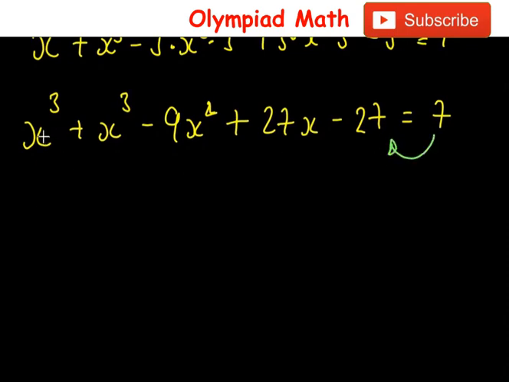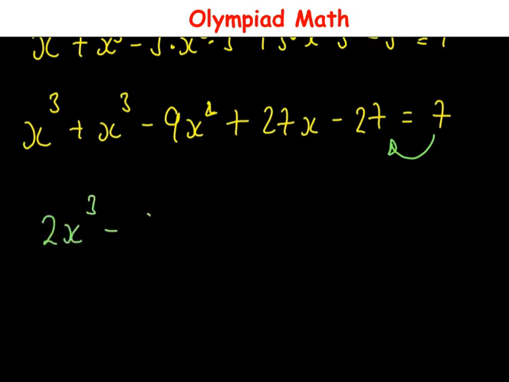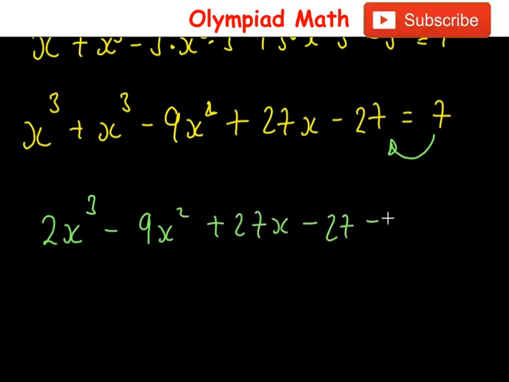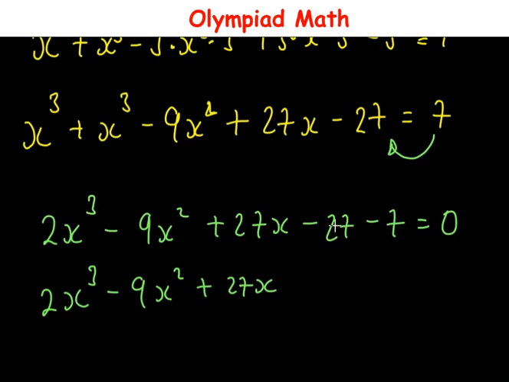We have x to the power of 3 plus x to the power of 3 is 2x raised to power 3 minus 9x squared plus 27x minus 27 minus 7, and this equals 0. So 2x raised to power 3 minus 9x squared plus 27x minus 34 equals 0.